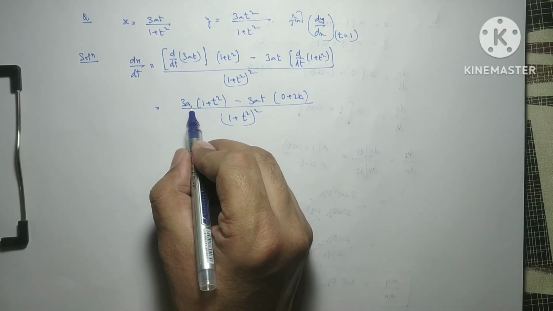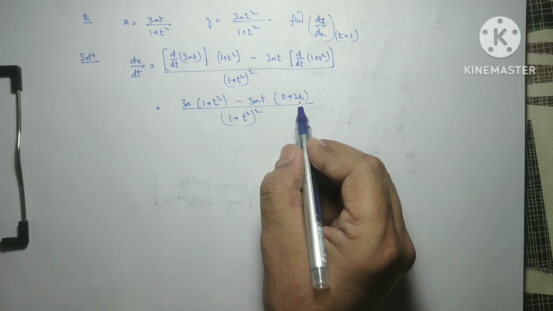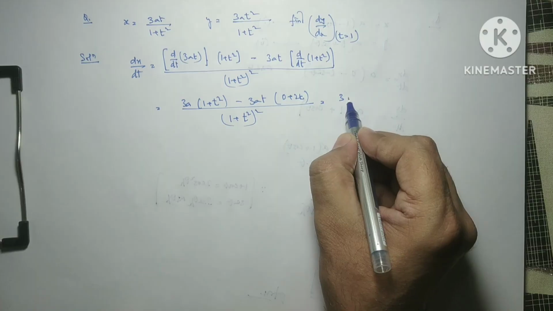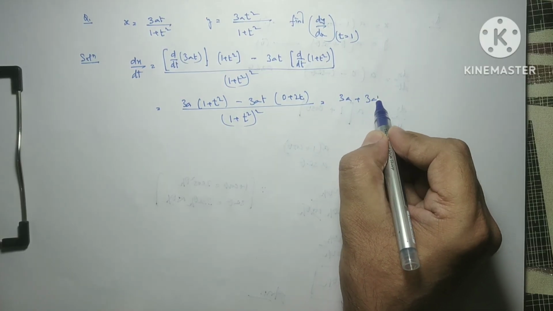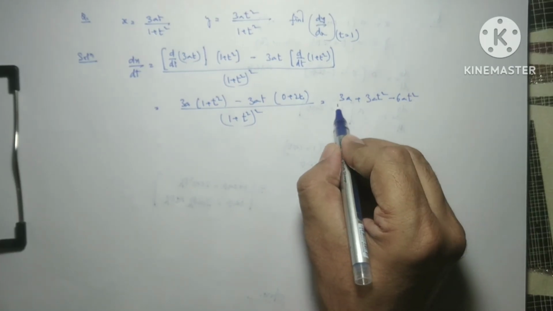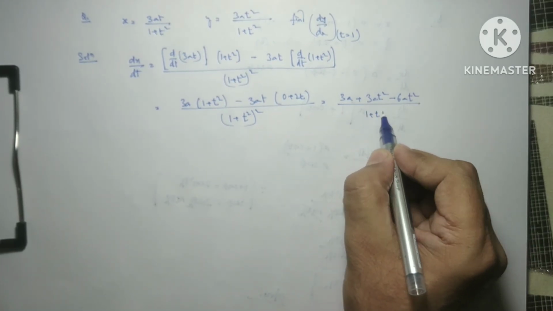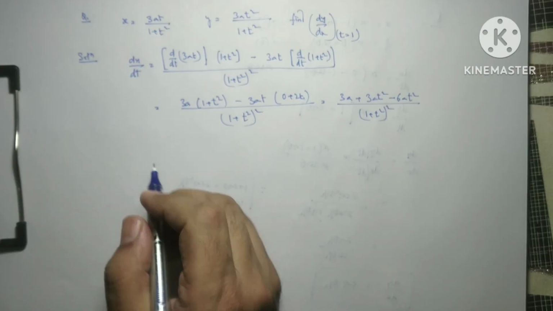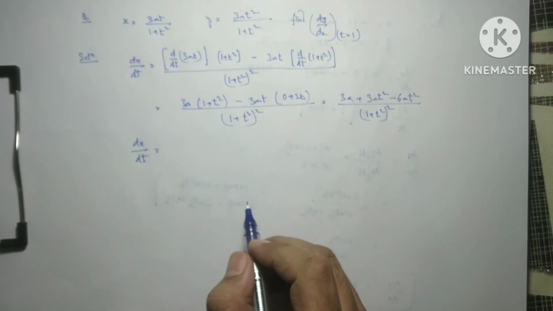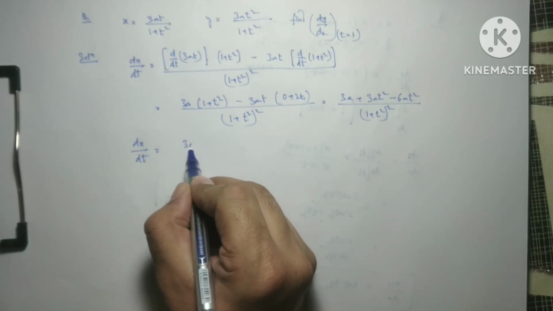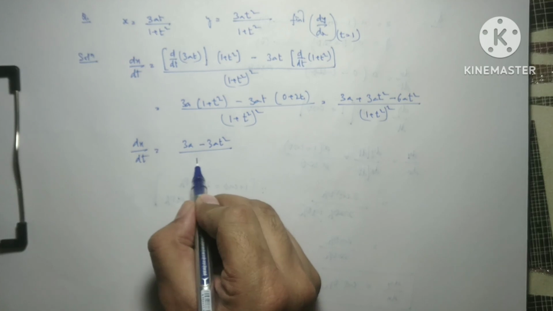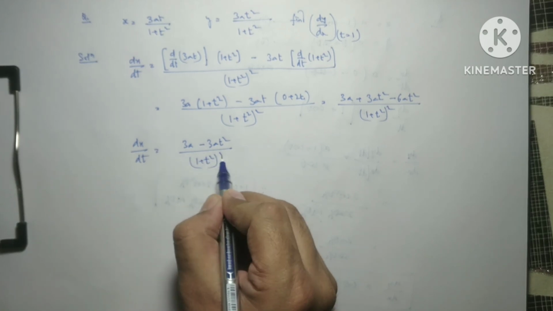So you get 3a plus 3a t square minus 6a t square, divided by 1 plus t square whole square. So you get dx by dt equals 3a 1 minus t square over 1 plus t square whole square.